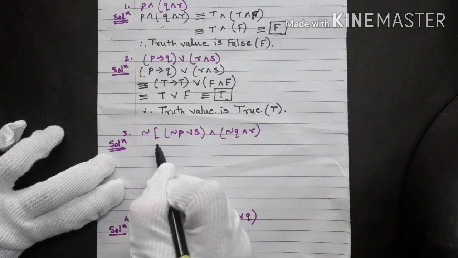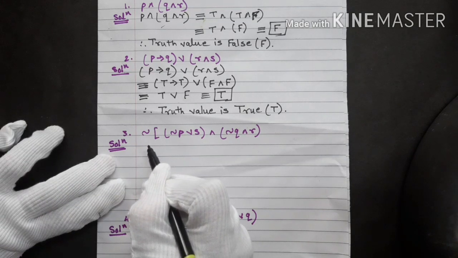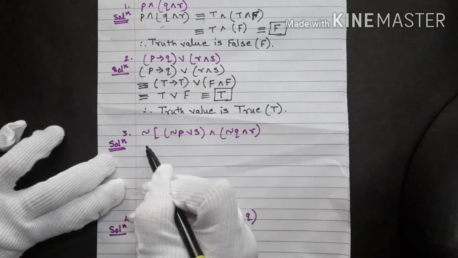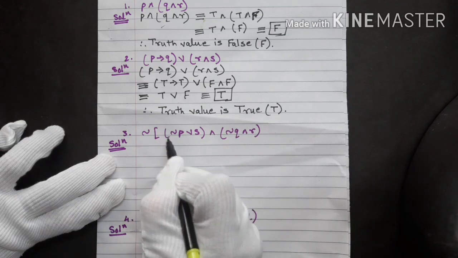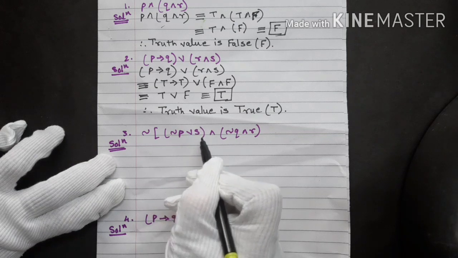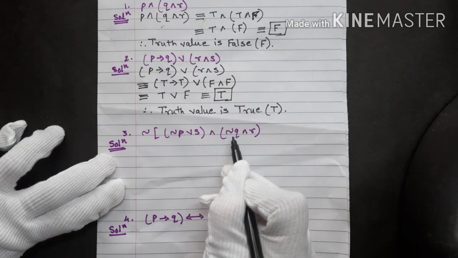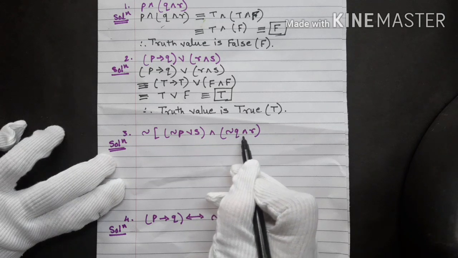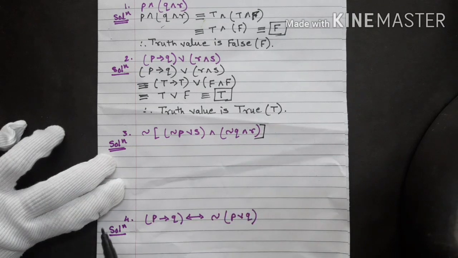Negation into square bracket, into another bracket, negation P or S bracket complete, and into another bracket, negation Q and R bracket complete, and here it completes the square bracket.